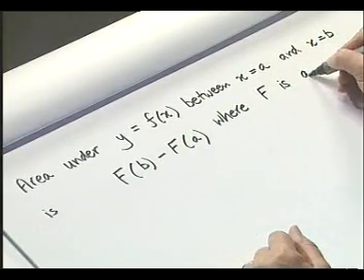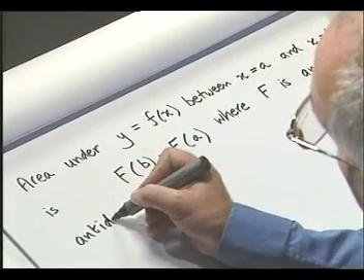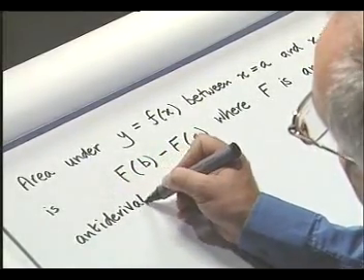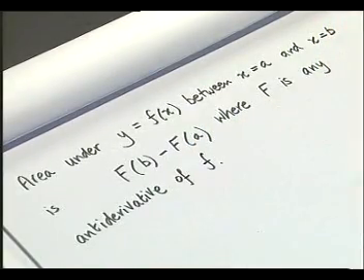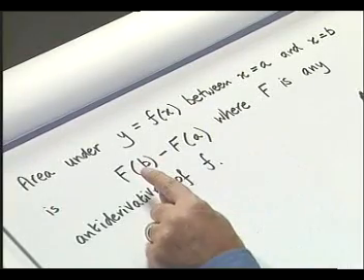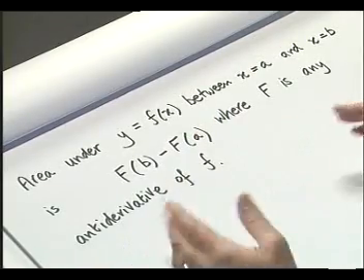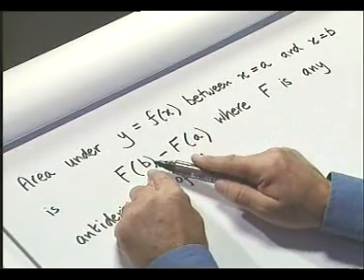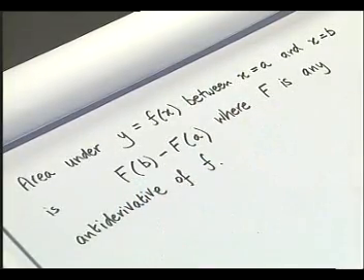Any antiderivative. So this is a very important result because it means that if I give you a function, little f of x, and you can calculate an antiderivative of it, big F, then you can find the area under the graph merely by evaluating that antiderivative at B, evaluating it at A, and finding the difference of the two quantities.